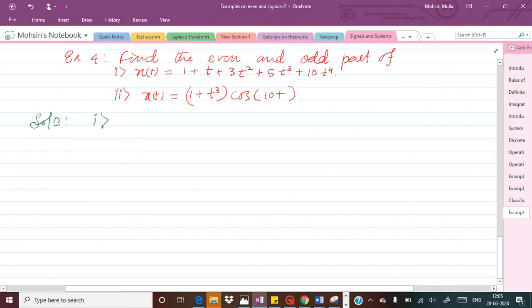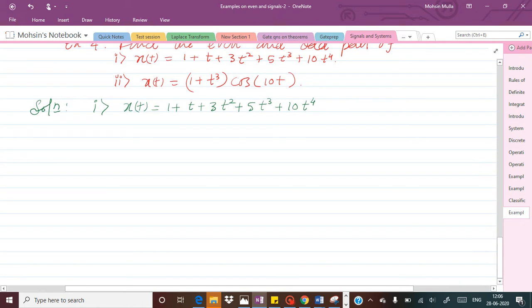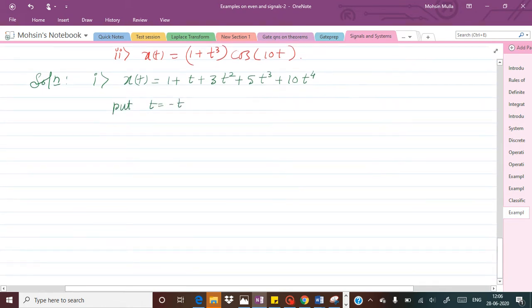Let us first take x of t equal to 1 plus t plus 3t square plus 5t cube plus 10 into t raised to 4. First of all we need to put t equal to minus t in order to get the x of minus t term. So here we get x of minus t equal to 1 minus t plus 3 minus t square plus 5 minus t cube plus 10 minus t whole raised to 4.